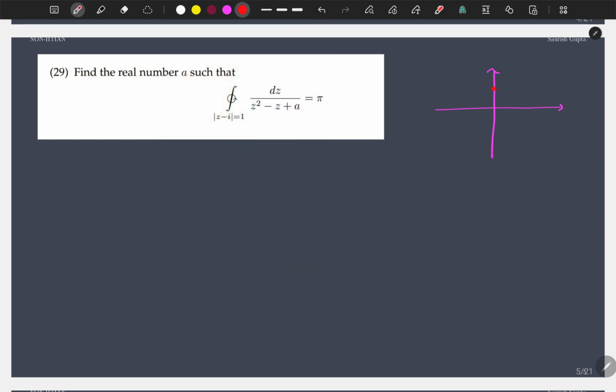We start at z equal to i and move with radius 1. This is C. Let me take the conventional direction, anti-clockwise.